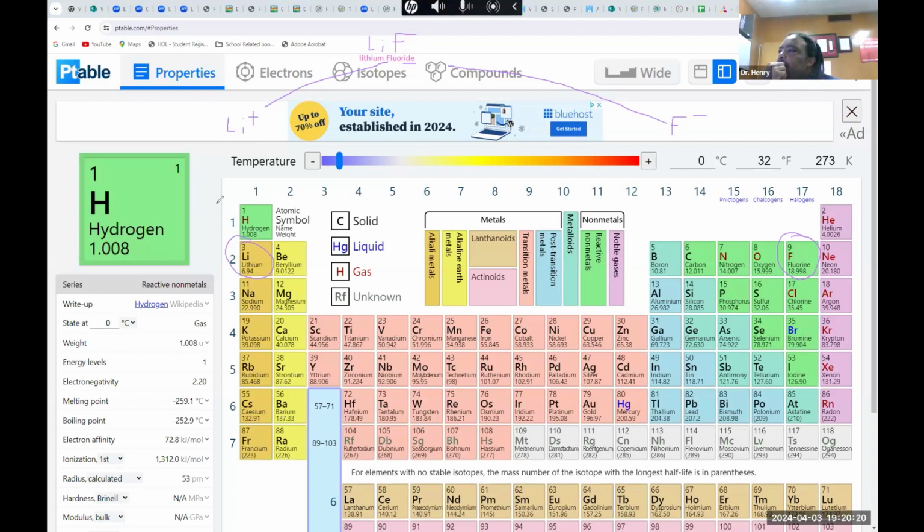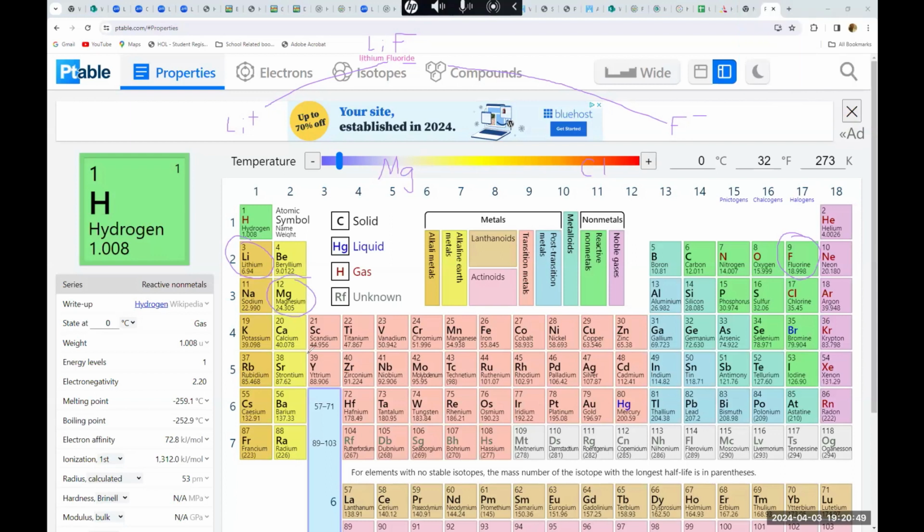Okay. So let's say we have magnesium and we have chlorine. If we have magnesium and chlorine, what is going to be the charge on magnesium when it forms an ion? Is it going to be one positive?